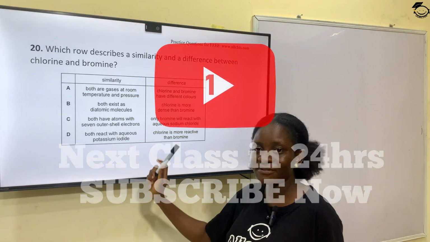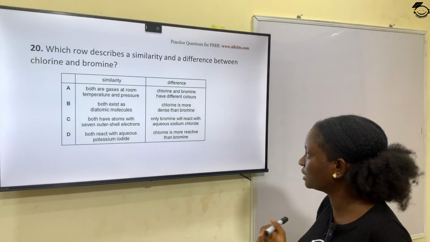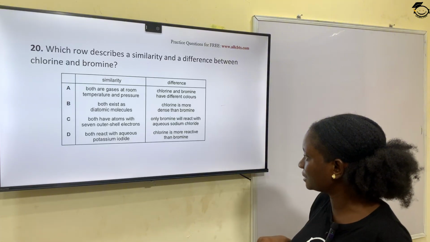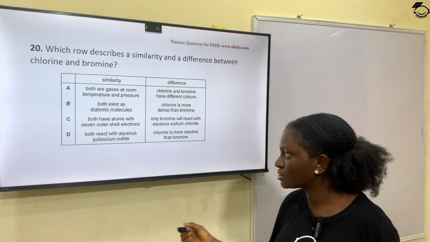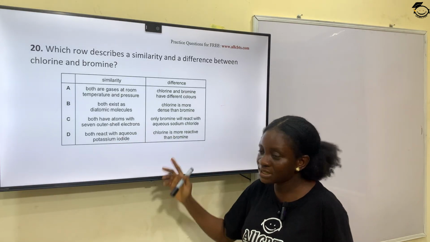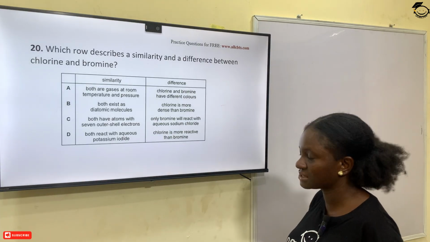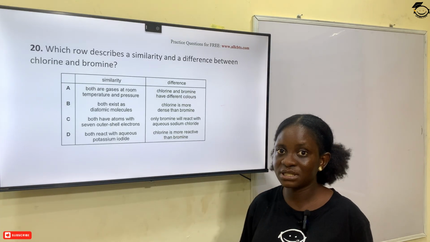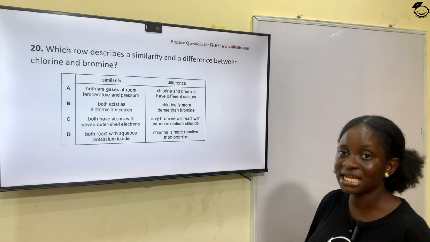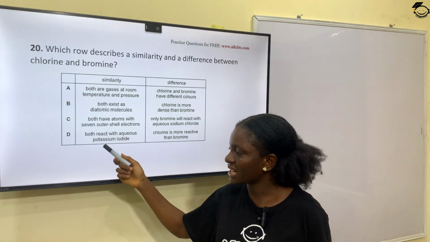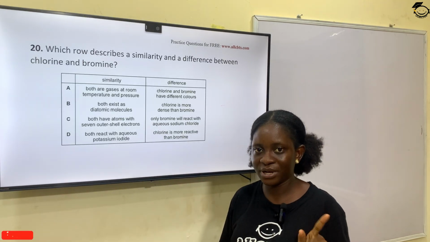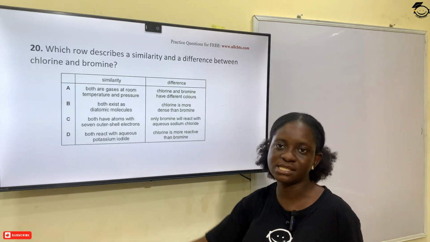C says both have atoms with 7 outer shell electrons, while the difference is only bromine will react with aqueous sodium chloride. Option D says both chlorine and bromine react with aqueous potassium iodide, but the difference is that chlorine is more reactive than bromine. So the correct answer is that both react with potassium iodide, but chlorine is more reactive than bromine. Option D is the correct answer.